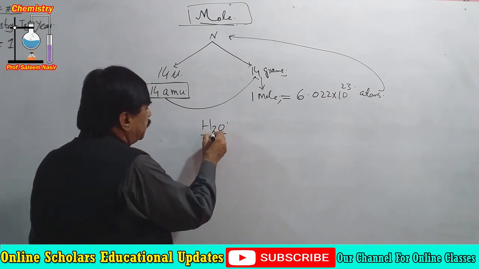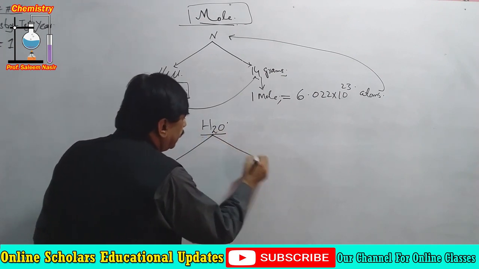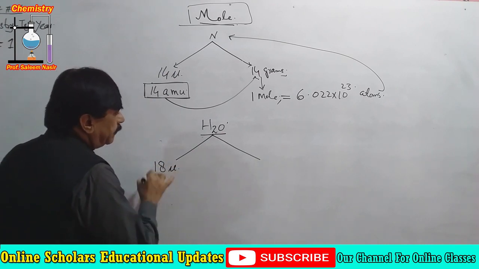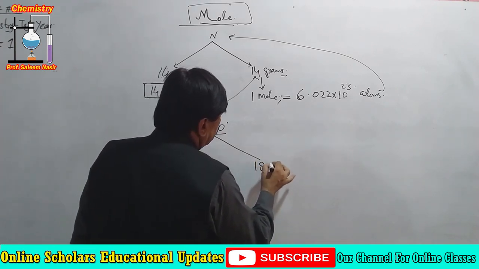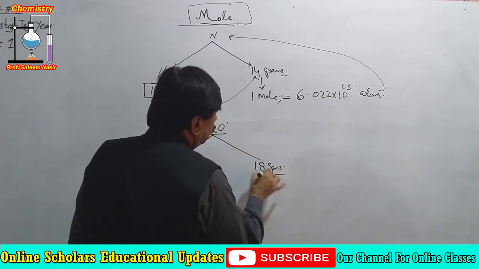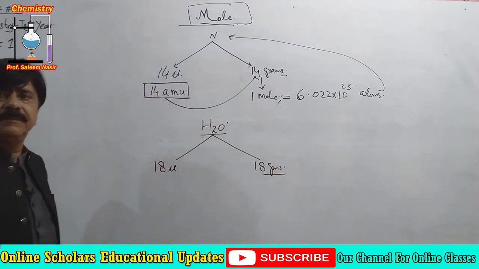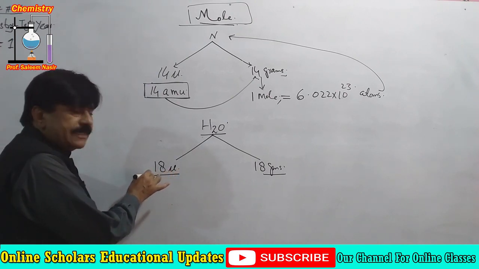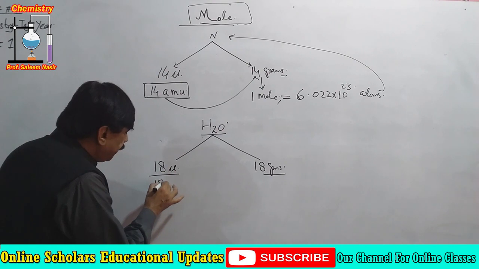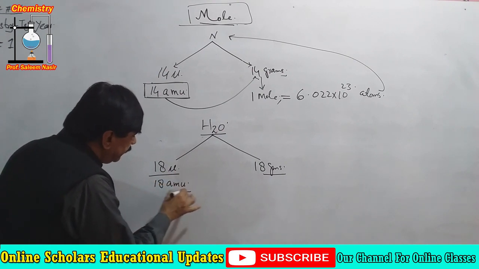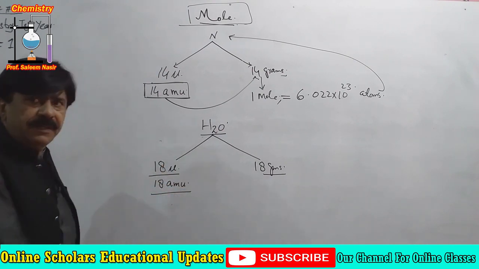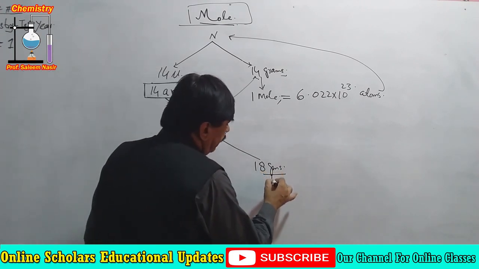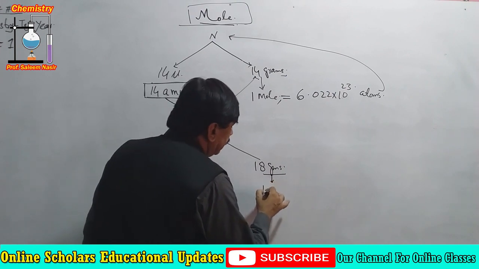So that molecule, when taken in that term, is 18 nu and 18 grams. Then what is the difference? The difference is that nu is representing 18 atomic mass unit, the relative molecular mass of the water, and that 18 grams indicates the mole.